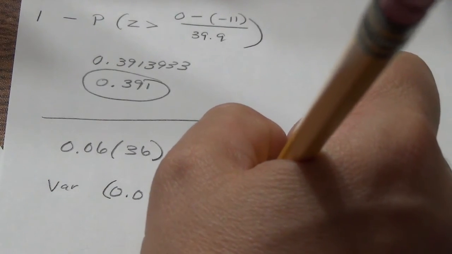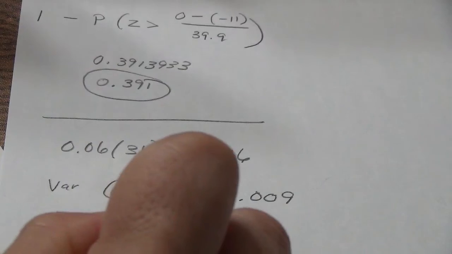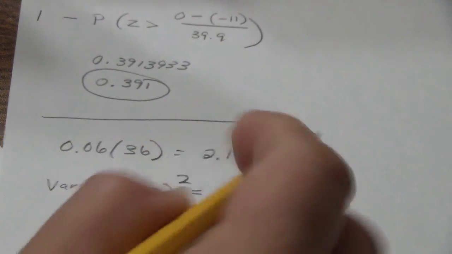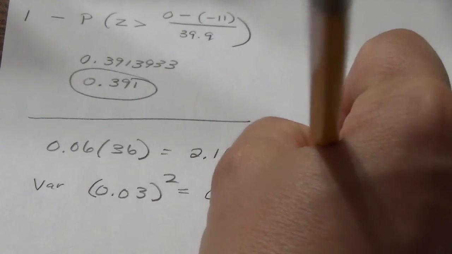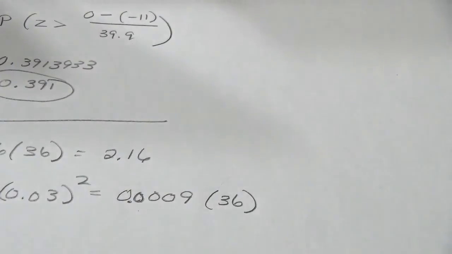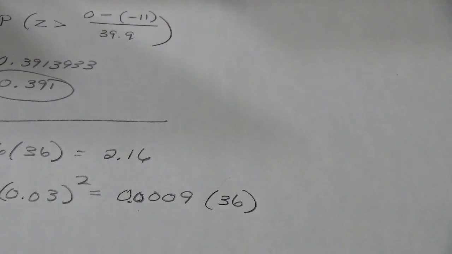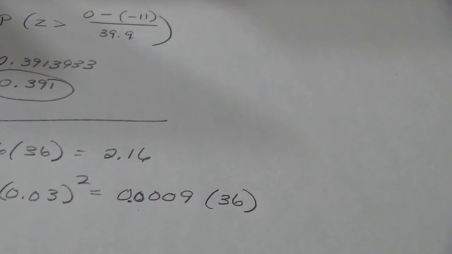So again, this is my variance. I'm going to multiply that by the 36 attempts in order to find my variance for all 36 attempts. I got one more zero in there than I wanted; 0.0009, three zeros and a 9. I got the right value in there now.